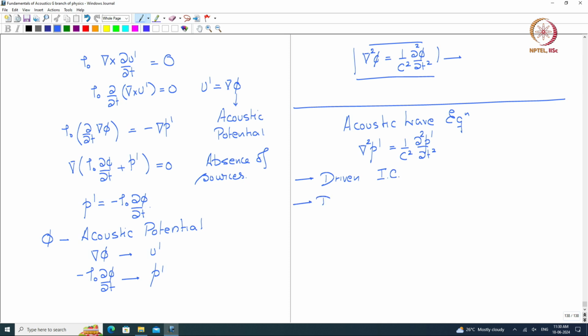It can be driven by boundary conditions, and it can be driven by sources in the medium.